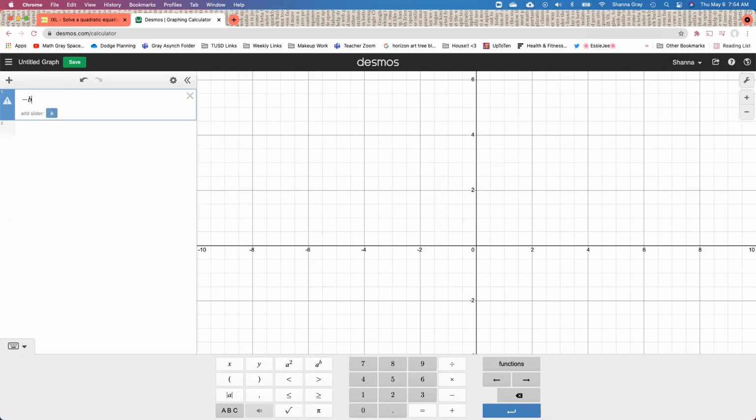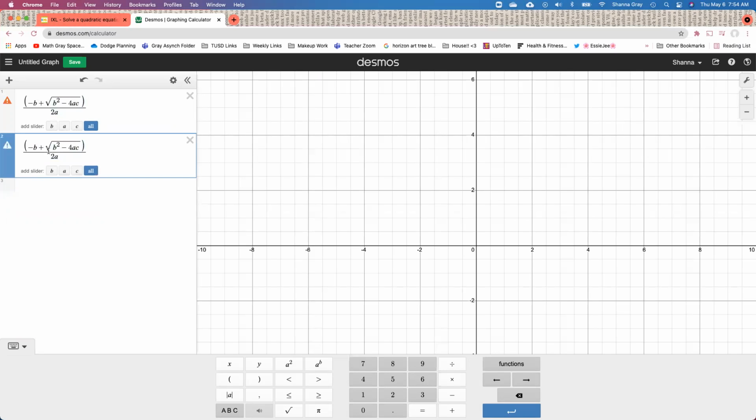So -b, I'm going to put plus first, the square root of b squared minus 4ac divided by 2a. All right, so now I'm going to select all this and copy and paste it here, change the plus to a minus. So this represents my 2 x's.